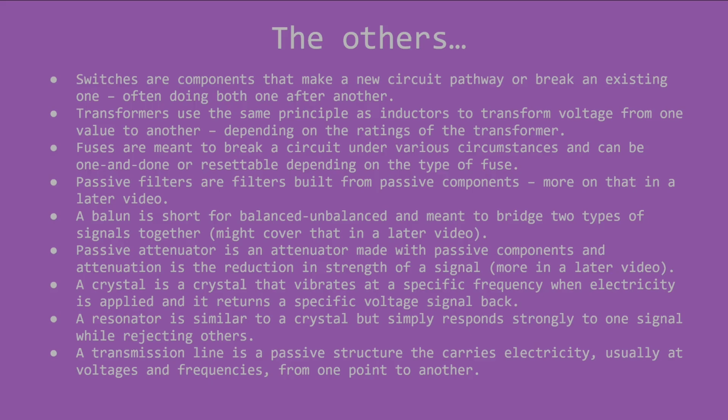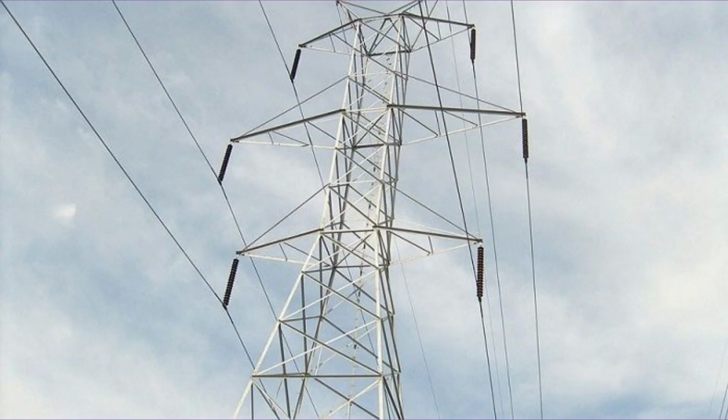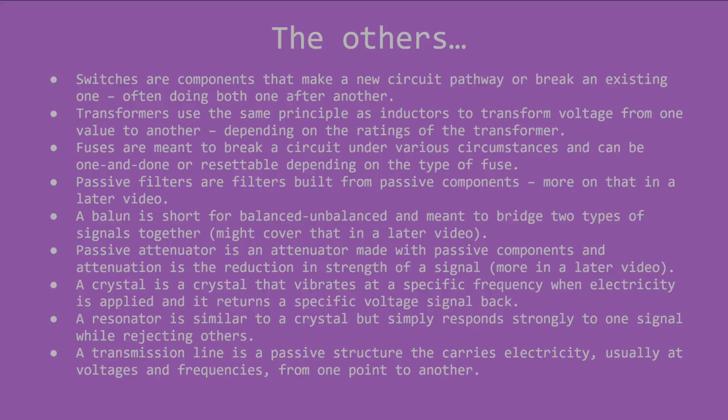A resonator is kind of similar to a crystal. It simply responds strongly to a signal and then it kind of rejects others. A transmission line is a passive structure that carries electricity, usually at high voltages and frequencies, from one point to another, and it's what makes electrical grids possible.